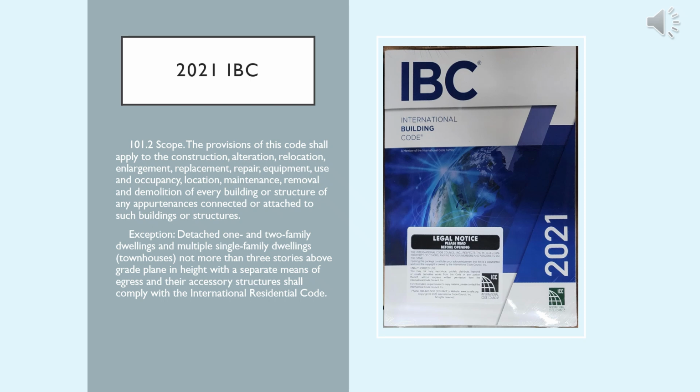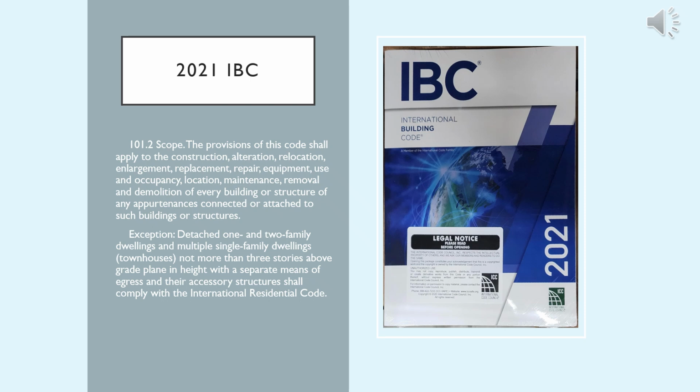So we'll look in the IBC in the very beginning, in section 101.2, the scope. It says the provisions of this code shall apply to the construction, alteration, relocation, enlargement, replacement, repair, equipment, use and occupancy, location, maintenance, removal, and demolition of every building or structure of any apparatus connected or attached to such buildings or structures. Here's the key exception.